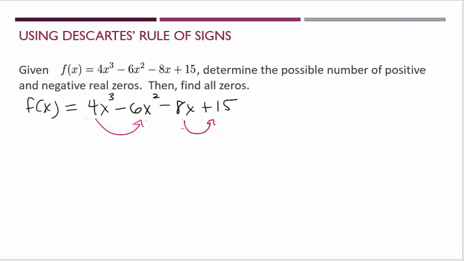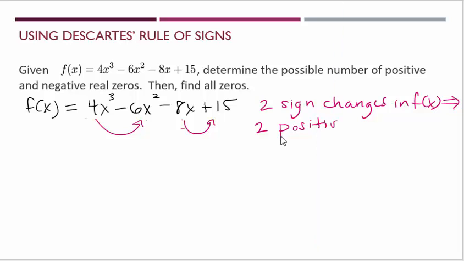And so there are 2 sign changes in f of x, which means that there are 2 positive real zeros. Or if we take this number and subtract an even whole number, like 2, we get 0 positive zeros.